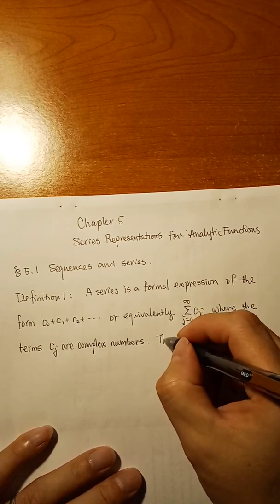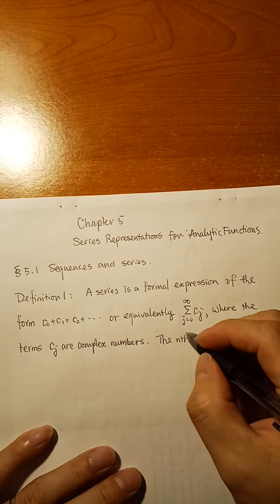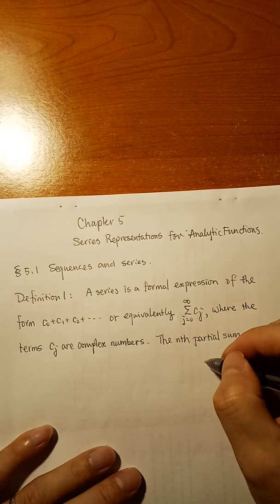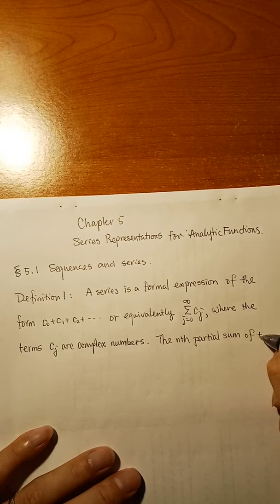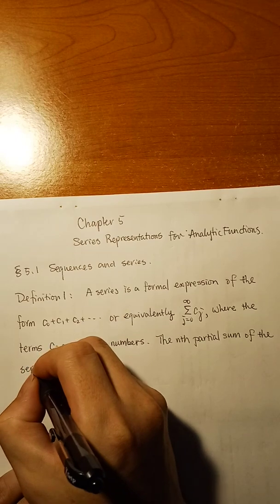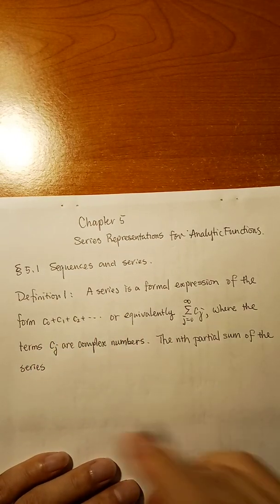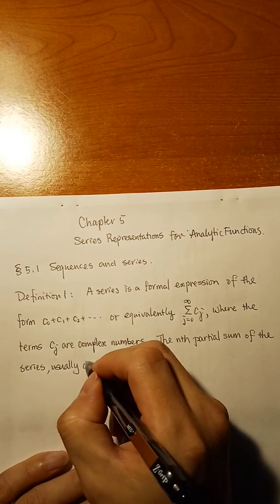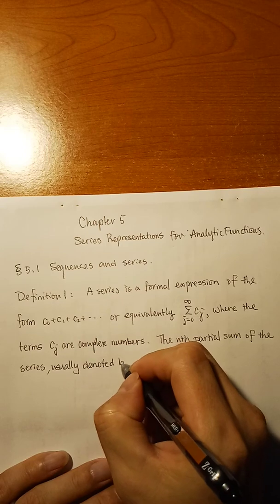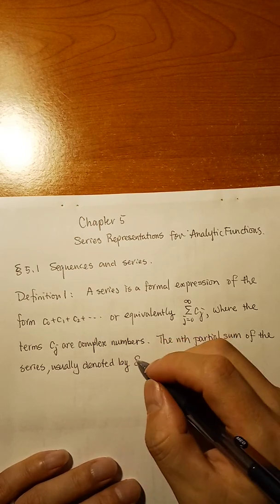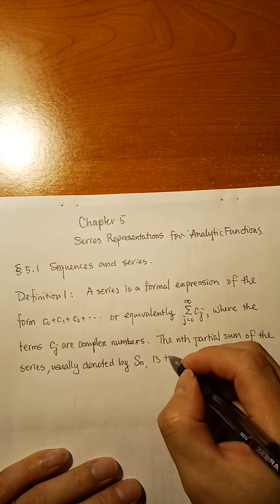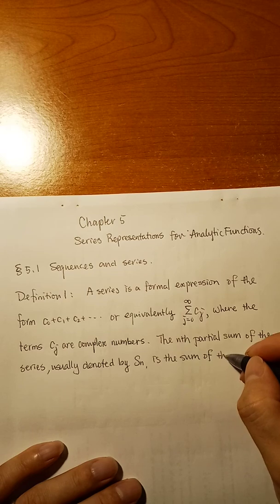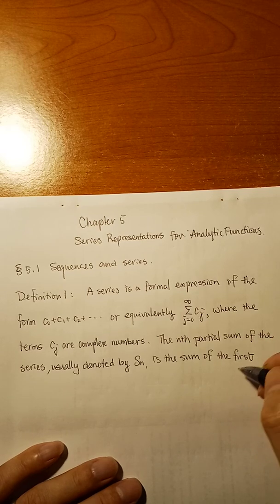So the nth partial sum of the series, usually denoted by Sn, is the sum of the first n plus 1 terms.